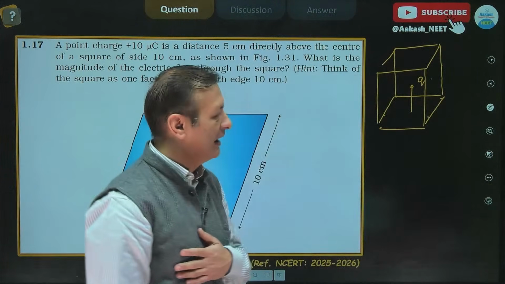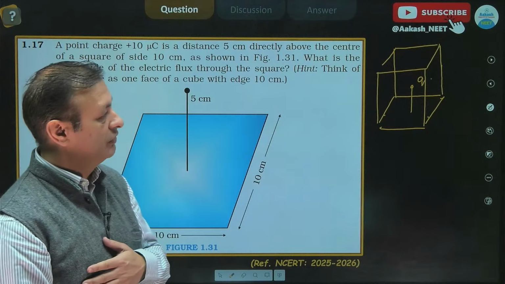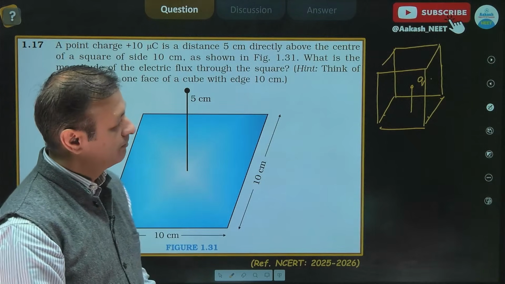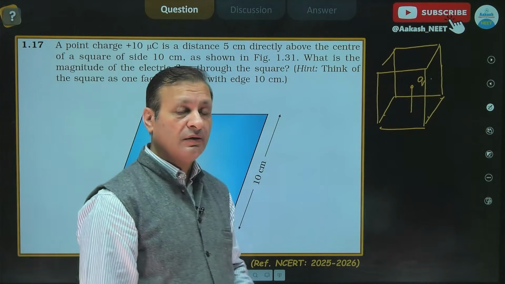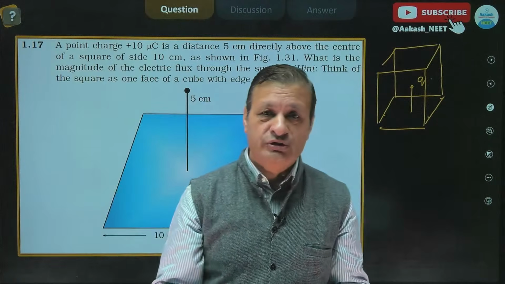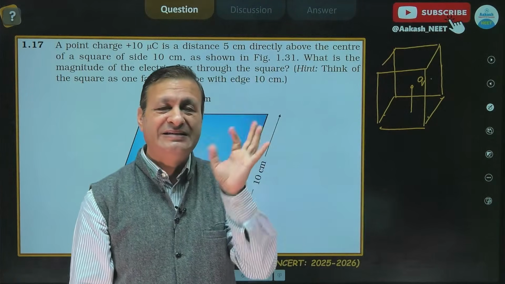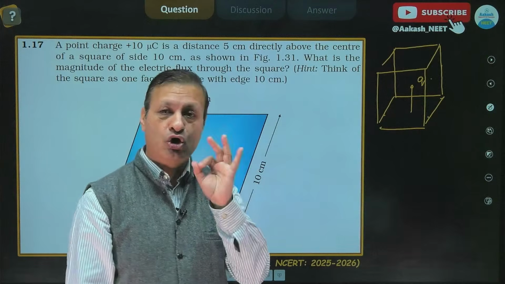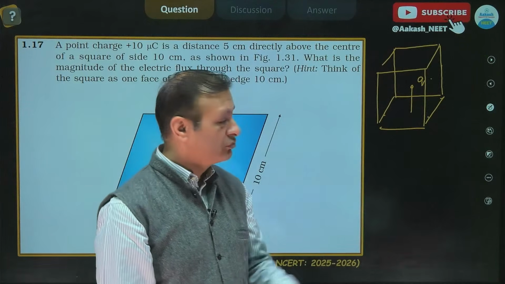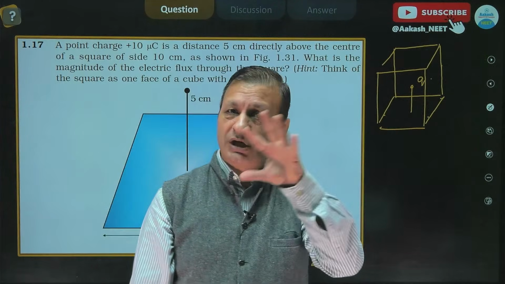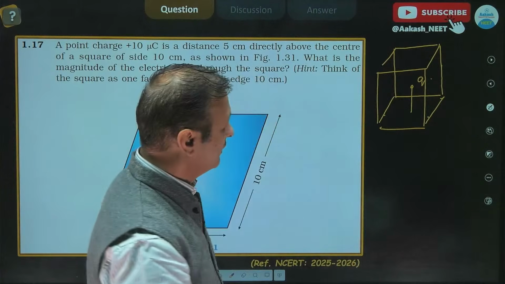What you will have, this will give you a square configuration, and once the charge is enclosed in that surface, you can easily apply Gauss's law. So this imaginary surface which has enclosed the charge completely, we call it a Gaussian surface.